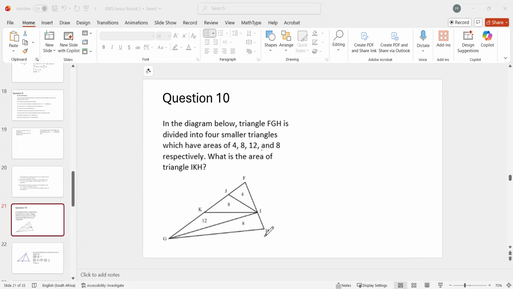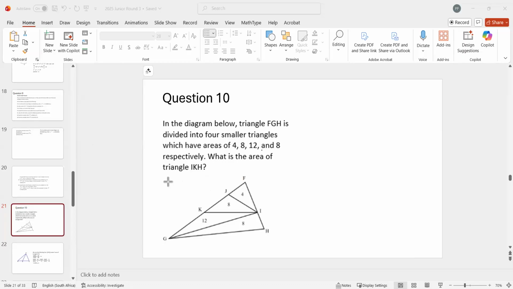You've got a triangle, and you've got a point here, and you're drawing lots of lines like that, and these are the areas which are swept out by these lines. So the area of this triangle FJI is 4, and so on and so forth. So these are the areas. Now, just using this information, you're asked to calculate the area of IKH.